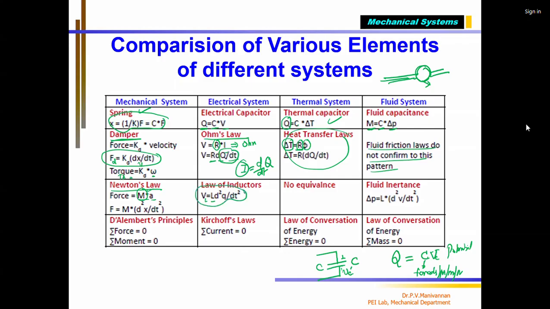That is the voltage on the inductor. Current is d by dt of Q, and this second derivative means only when there's a change in current, then only is energy stored as a magnetic field. In an inductor, please note down, energy is stored as a magnetic field.